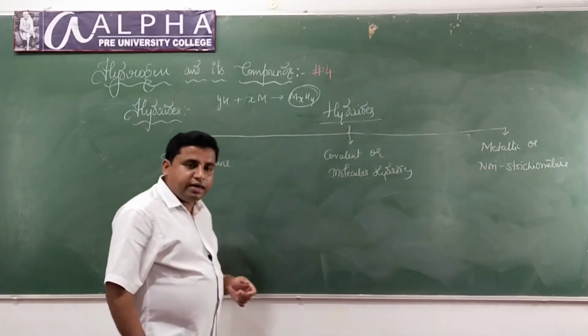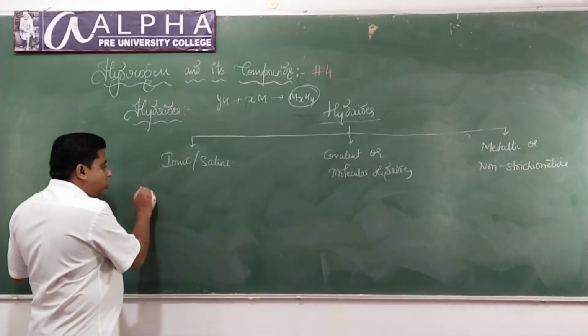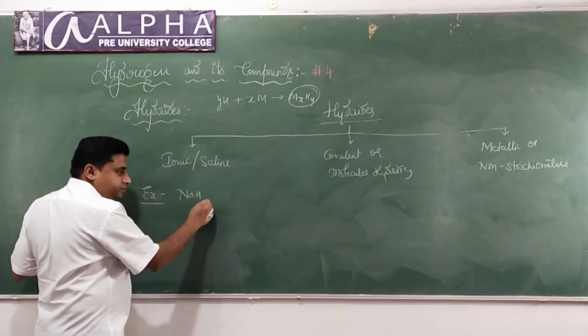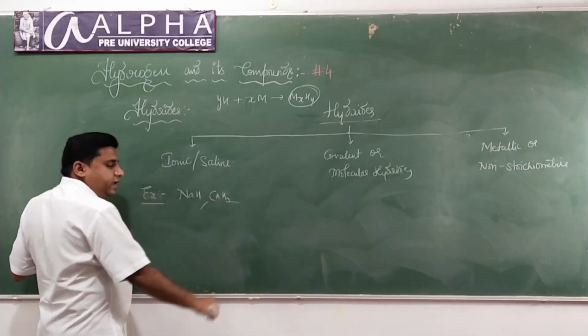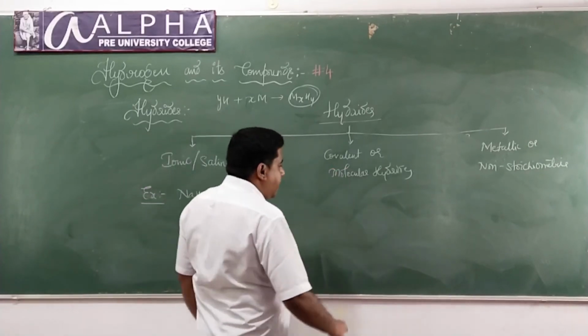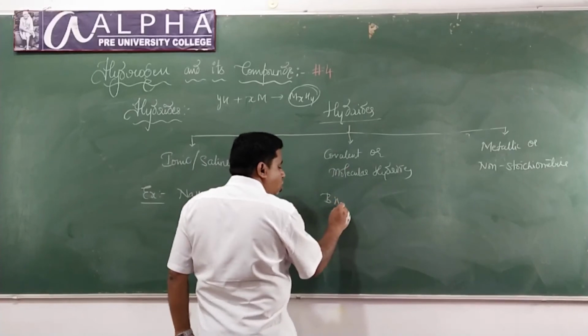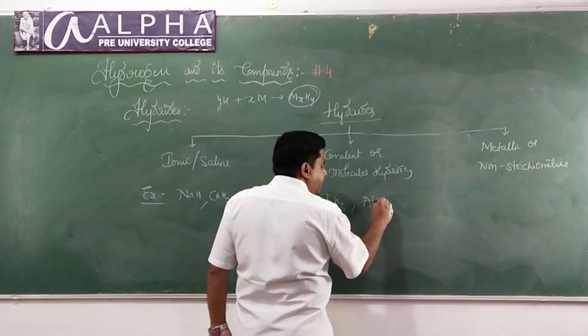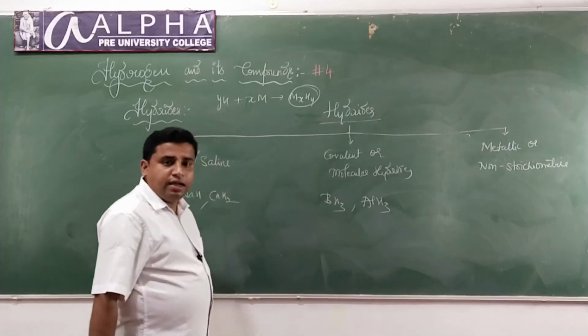Let us quote some examples. For ionic or saline hydrides: sodium hydride, calcium hydride, etc. Covalent or molecular hydrides: for example, boron BH3, aluminium hydride AlH3.